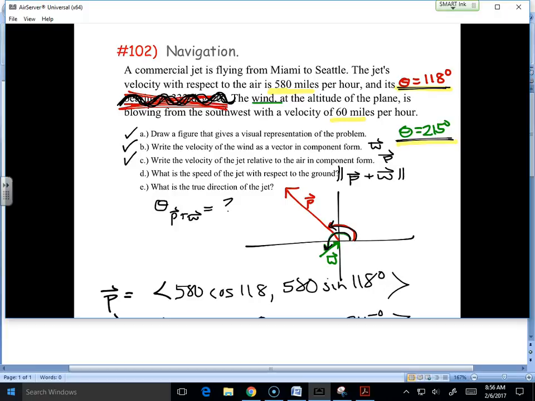The instruments say it's going a certain speed, but the problem says with respect to the ground. It's saying, okay, not according to the instruments in the plane, according to the outside of the plane. So that's what's going on after the wind affects it. Or if you're going with the wind, then you're going to go faster, and your flight time is going to be a bit shorter because you were able to gain more distance with the same speed that the plane is trying to go.